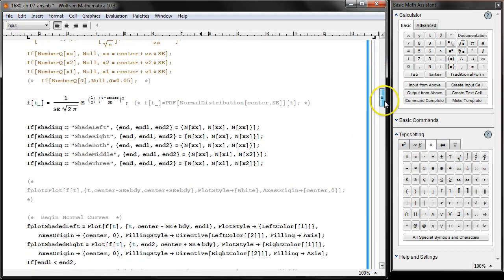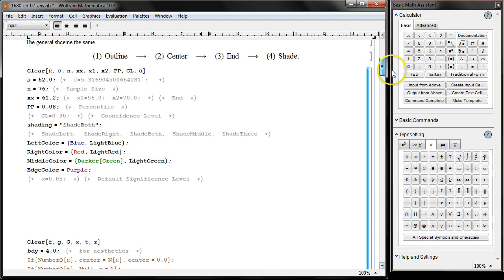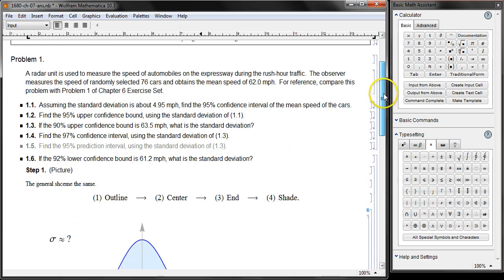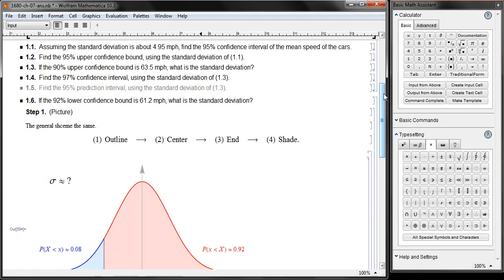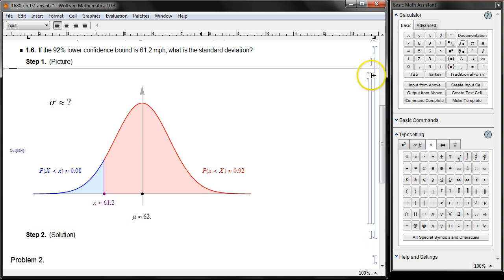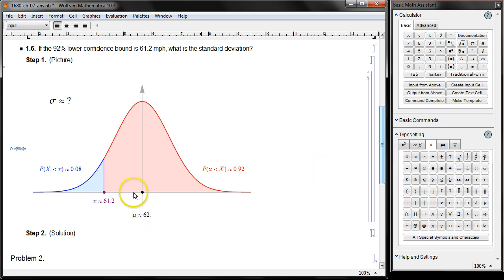You don't really have to understand all these details of this program I wrote. Let me just show you the picture. Here we go. This is a modified problem, and this is the picture associated with it. The center is 62 miles per hour as before, and its lower bound comes to the left-hand side, 61.2 miles per hour, the 92% lower confidence bound.